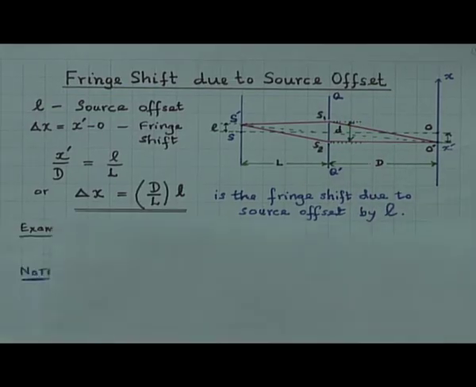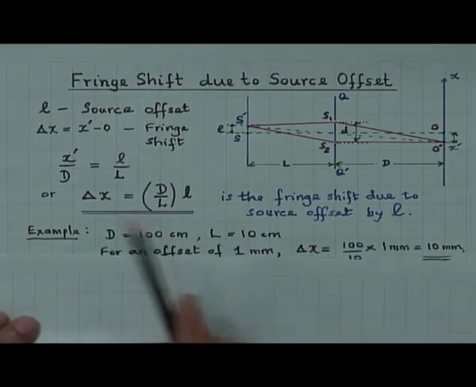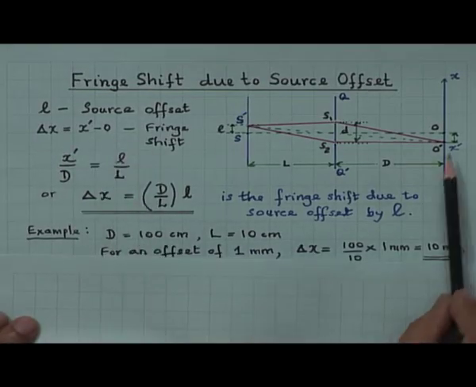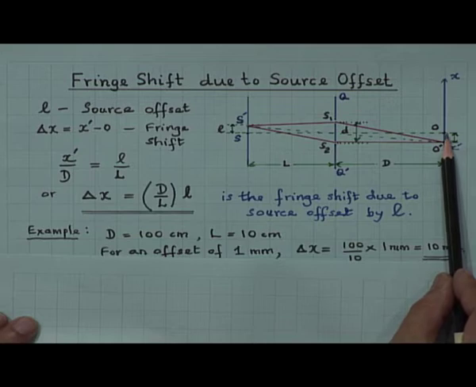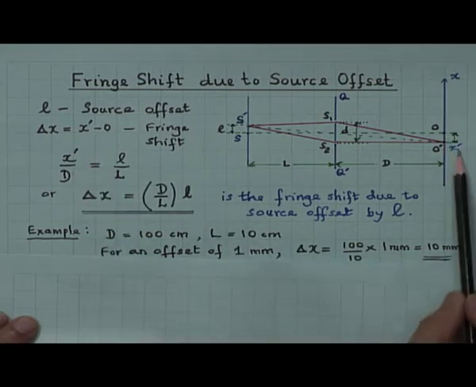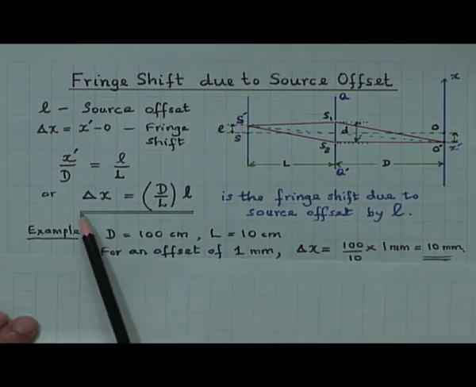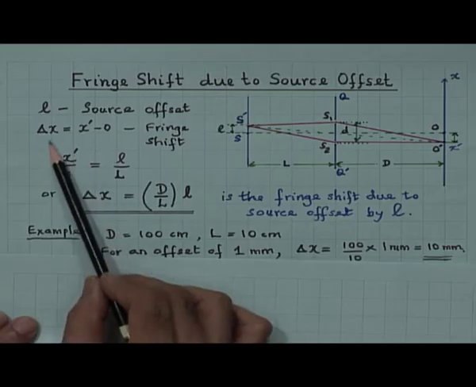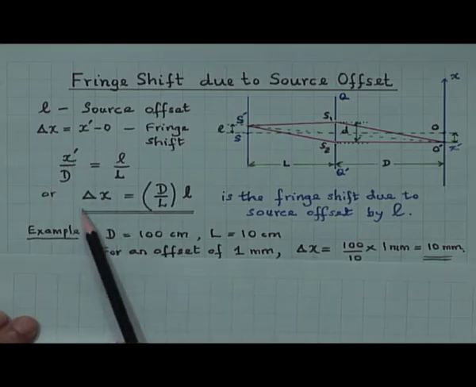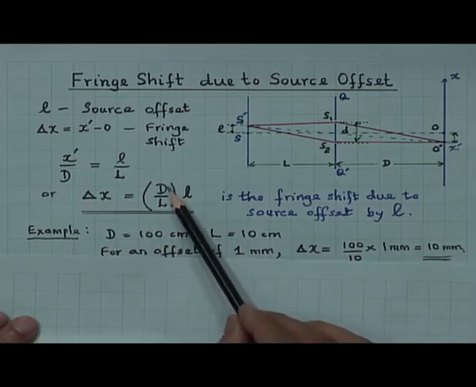We have l as the source offset here, and delta x is equal to x dash minus 0, where 0 is the original position, which is the fringe shift. We have just shown that x dash by D is equal to l by L, and therefore x dash is delta x, the fringe shift. The fringe shift delta x is equal to D by L into l.